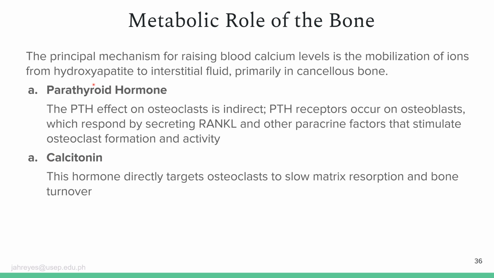So the parathyroid hormone will stimulate osteocytes and osteoclasts. The process of stimulation will occur via the RANK-L signaling pathway, so they will promote bone resorption, thereby increasing calcium in the blood.